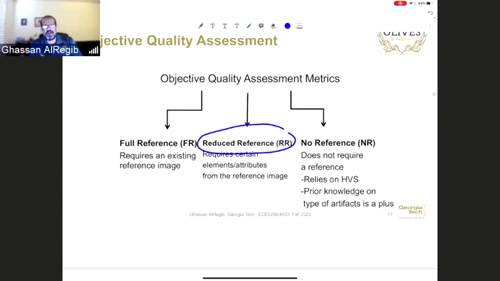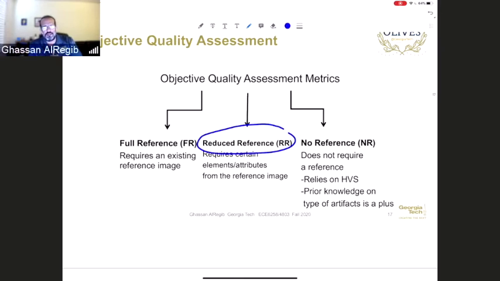And finally, which is really the ultimate category in here, when you have no reference, meaning that you have only access to the degraded, the distorted image.